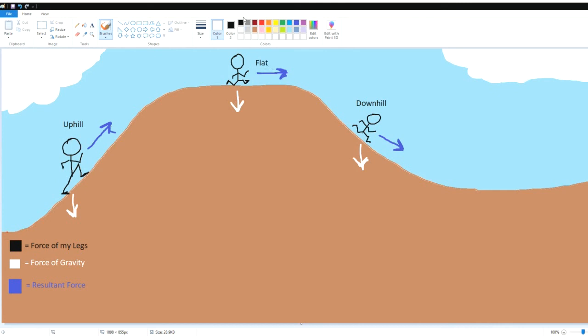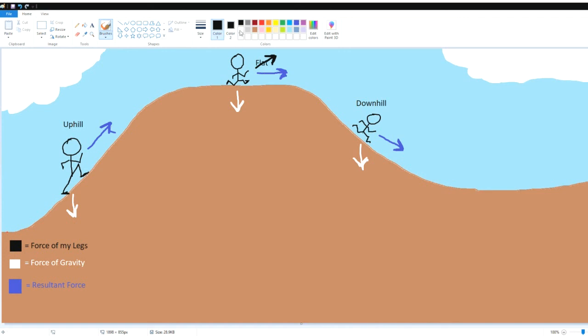right? So this is why when we push with our legs while we run, we actually push in a bit more of a diagonal direction, right? Because when I'm pushing diagonally and then I take into account the gravity that's affecting me, the result is me going forward, right?